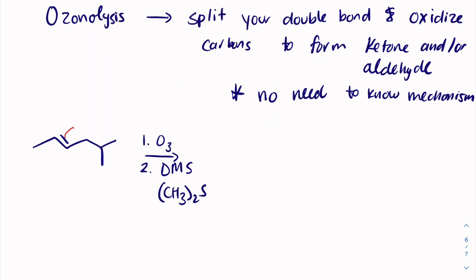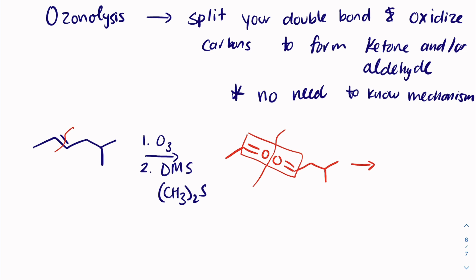So what I like to do is slice this in half, and I want you to redraw it, except with the double bonds. I want you to split the double bond and make it something like this, wherever the double bond was, understanding that this is where it was sliced.